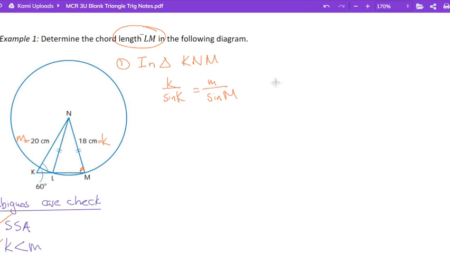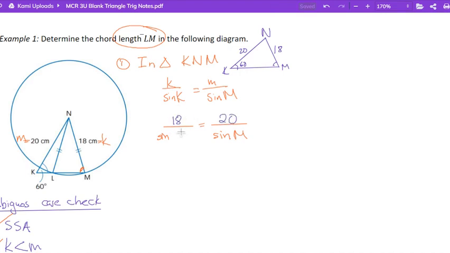And if it's a bit confusing, you might want to draw which one is K and M. I know that's 60. I know this is 20. This is my N. This is 18. This is M. K is 18.